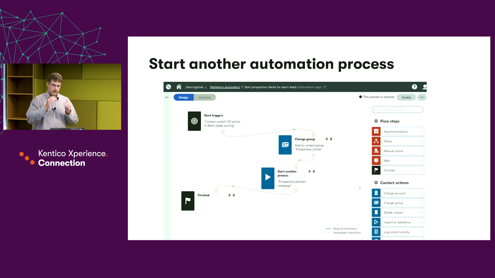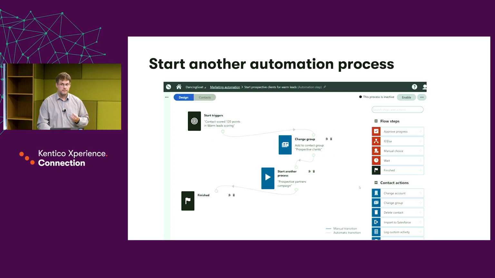So after reaching this 120 point score, you can move this contact into a dedicated contact group that I will call, for example, prospective clients, and I can then start another process for this contact group that will take them through a different customer experience. Now, this is another use for marketing automation.